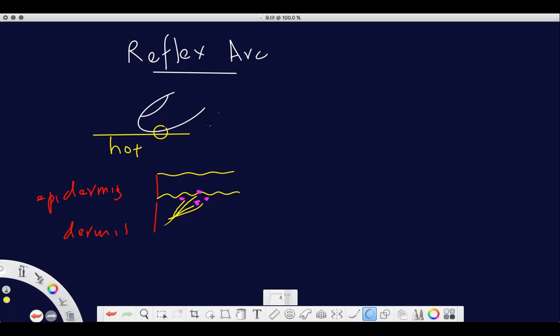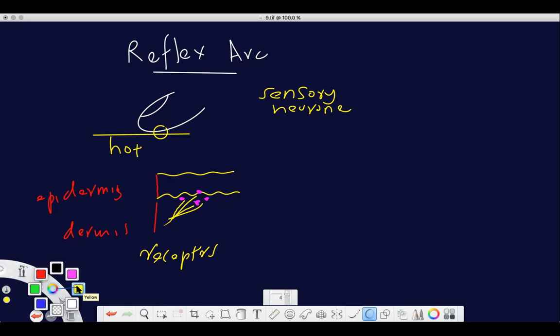Then what is going to happen? These receptors can detect the heat, and the receptors are connected to the neurons. So these neurons are called sensory neurons, because they can sense the stimulus changes.